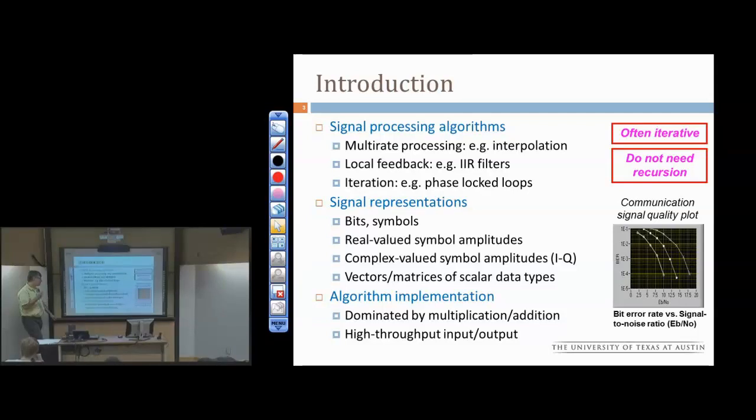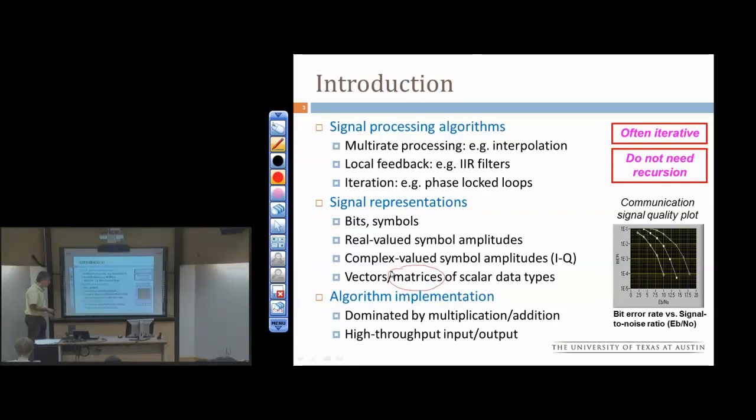Vectors for storing current and previous input values, vectors of filter coefficients. We've looked at vectors just as a means to do a finite length simulation over some number of time steps. Matrices not as much, but we certainly have seen them. You've seen the matrices at play in the least squares equalizer in homework 7. But all of our vectors and matrices have been scalar data types, mainly real valued.